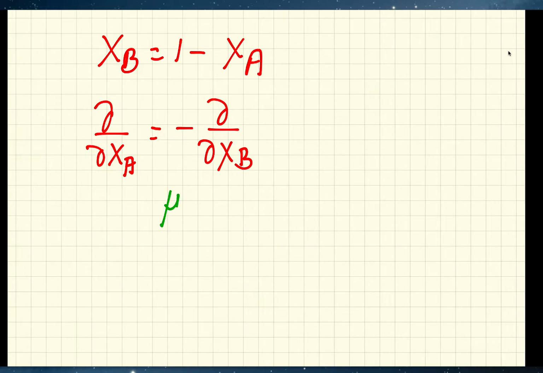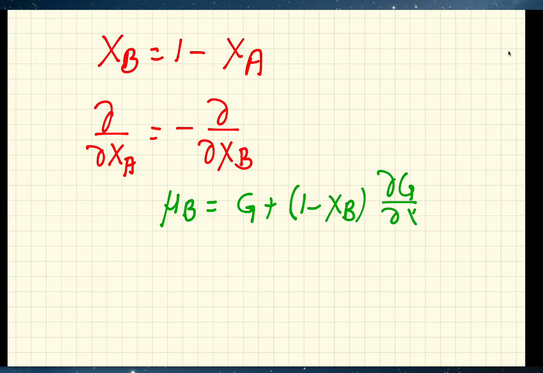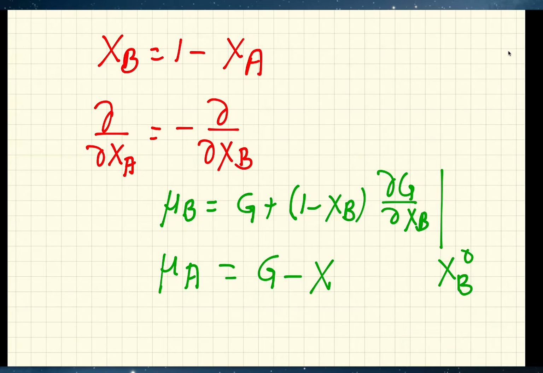So I have mu B is equal to G plus 1 minus xB times dG by dxB, and this is evaluated at a particular concentration of B. We're going to call it xB0, and then similarly I have mu of element A as G minus now x sub B times dG by dxB at the same concentration of B, xB0.